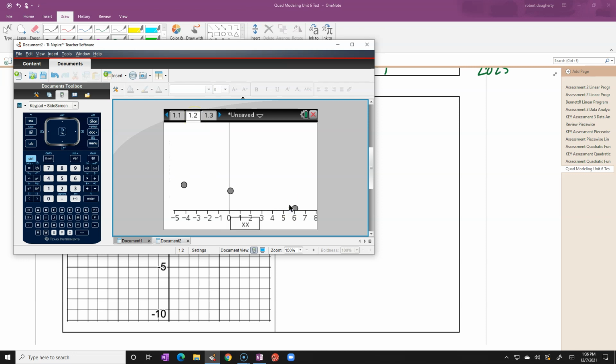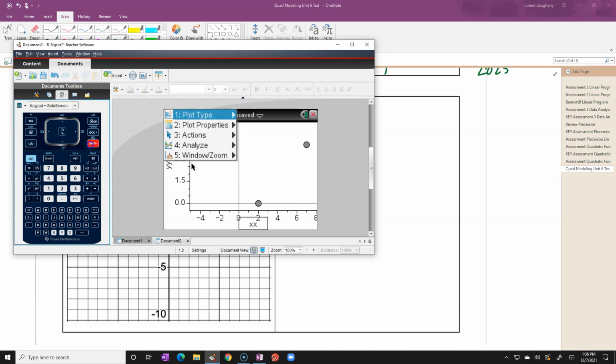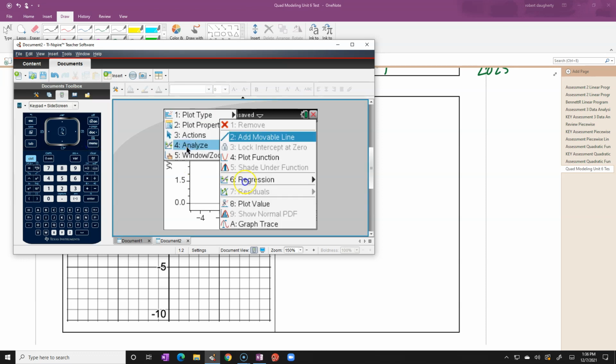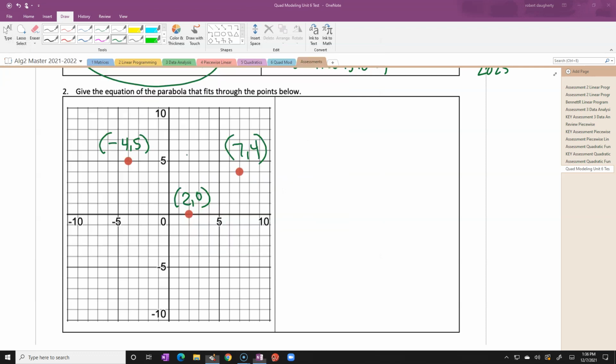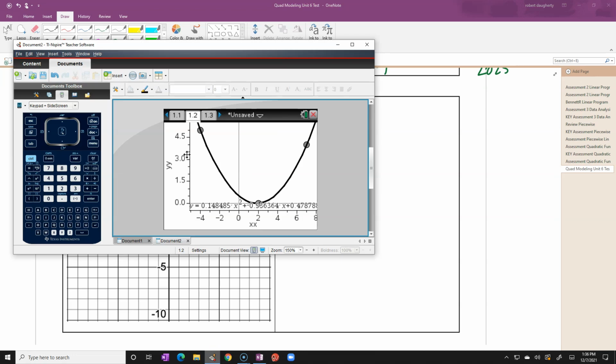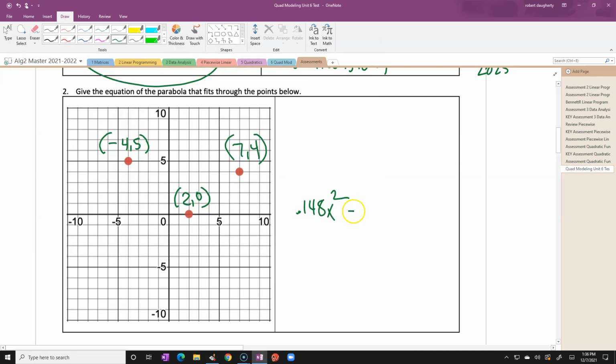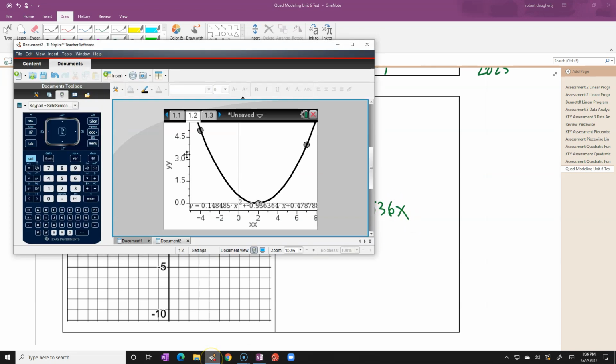I have my X values, and then I have my Y values, and I just do menu, analyze, regression, quadratic. So that's 0.148 x squared, and then minus 0.536x, and plus 0.478.